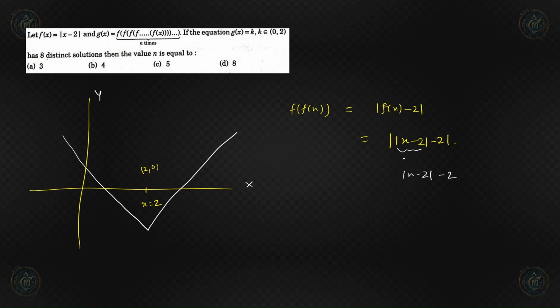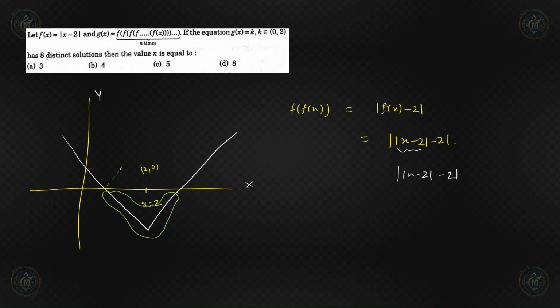Then we have to take the modulus all over this expression. That means we have to remove the negative part of this graph and then take the reflection of this removed part about the x-axis. So we remove this part here and take the image of this part about the x-axis.